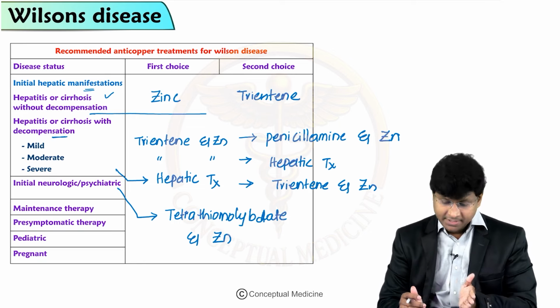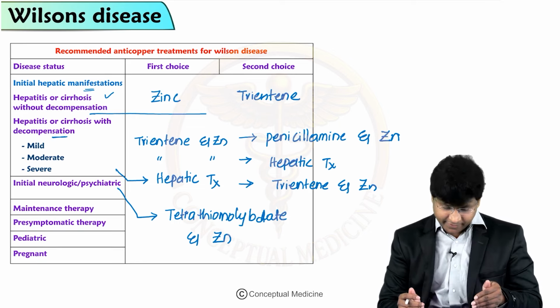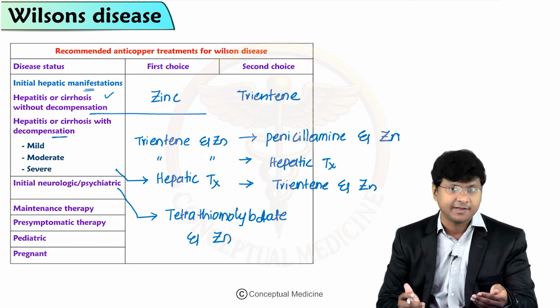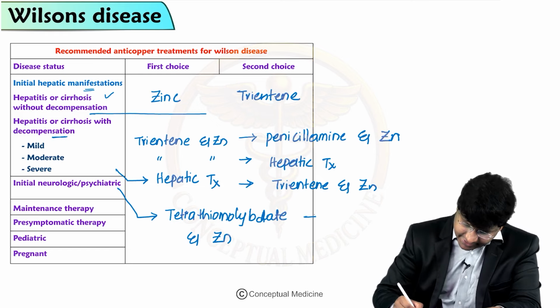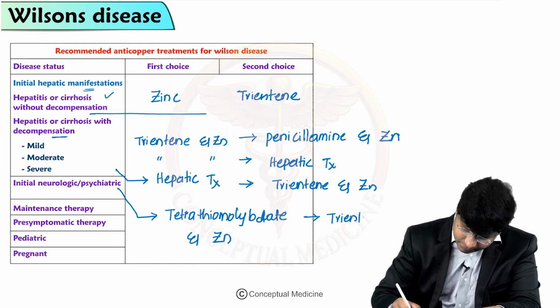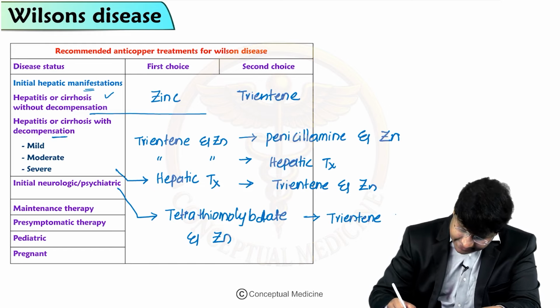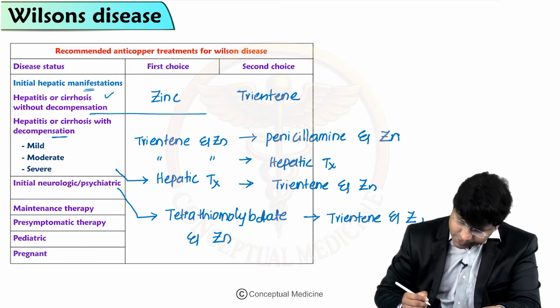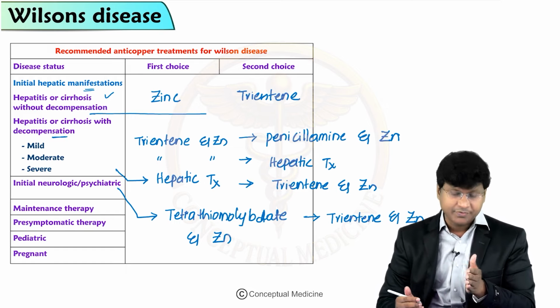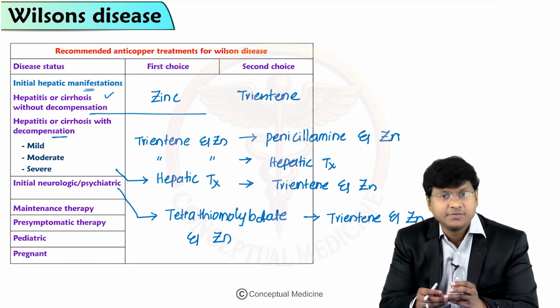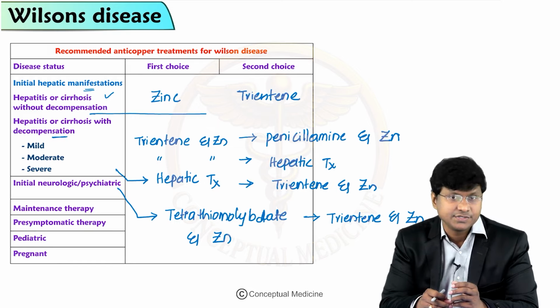Tetrathiomolybdate and zinc. And what will be the second choice for neurological Wilson's or psychiatric manifestations? That is trientine and zinc. Okay, so that will be the second choice when the individual is having neurological Wilson's or psychiatric manifestations.